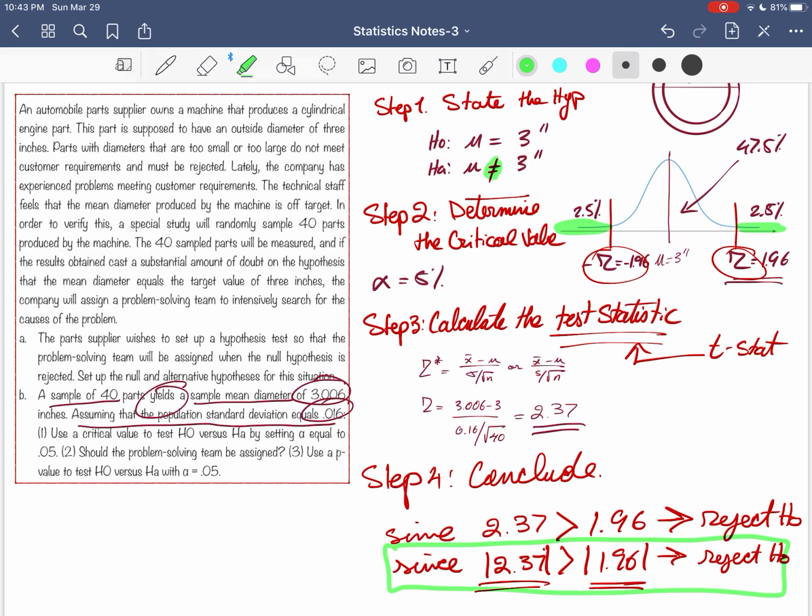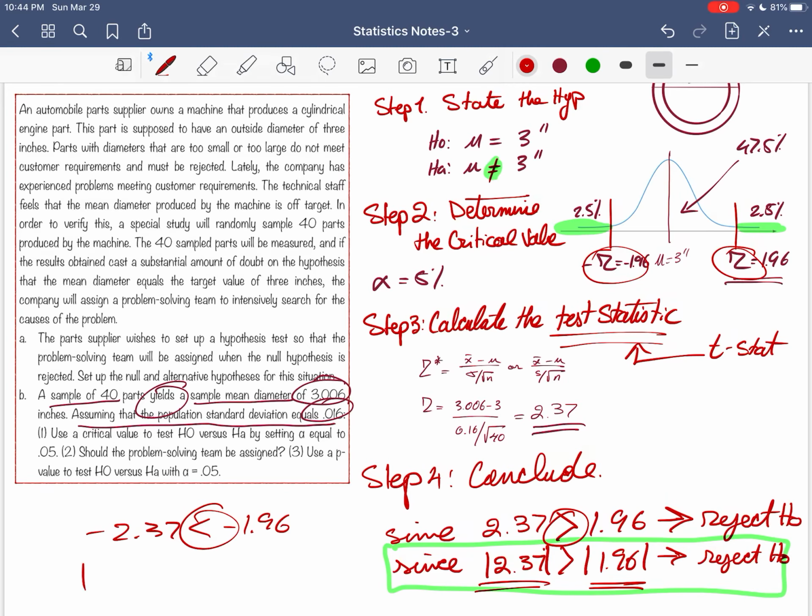As long as your test statistic is greater than the critical value, you will always reject H0. If we were doing a negative value, if for example the answer was negative 2.37, we'll say that since negative 2.37 is less than negative 1.96, reject H0. So you see the signs flip when you're on either side of the distribution. But if you use the absolute value, it will always be the same decision rule.